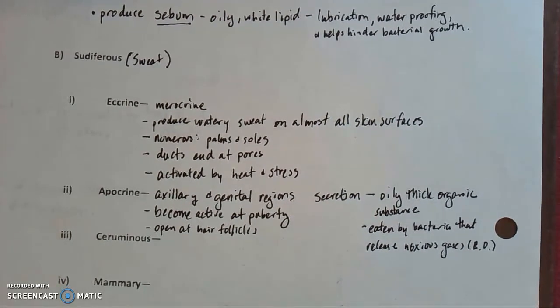So it's not really this substance that smells, it's bacteria that live in your armpits and your crotch that eat this thick organic substance that's secreted and release gases as their waste product that smell bad to us. But one of the other things that's in this secretion is going to be pheromones, and those pheromones help attract a mate. So there is a little bit of odor that is released that helps get you noticed.